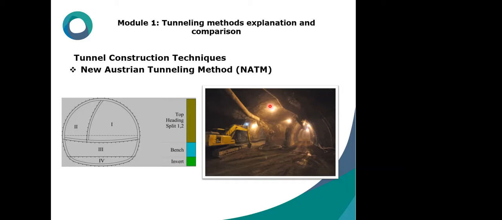On the other hand, large deformations and a high number of excavation stages, which make progress slow, are some of the disadvantages. The probable configurations in different conditions will be discussed in this module. A series of practical examples of tunnel sections will also be shown to attract your interest.